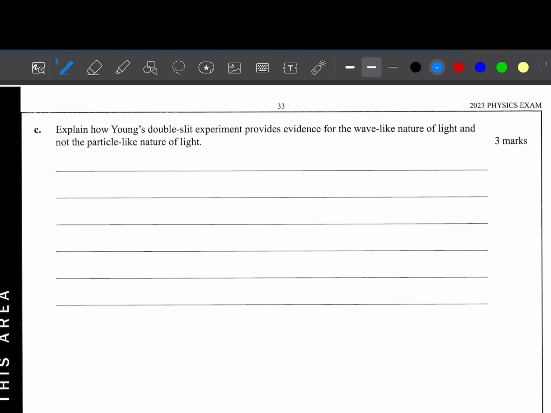Explain how Young's double-slit experiment provides evidence for the wave-like nature of light and not the particle-like nature of light. Okay, so this one is a long theory question. So hold on.